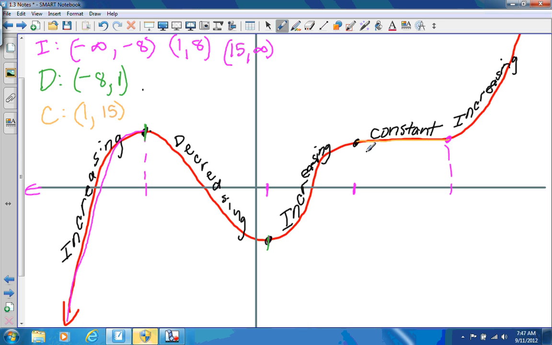Or not +1, that would be +3. Or actually, no, +8 to +15, from this coordinate to this one. Now, if we have a function that does something like this at the end, say it comes here, goes like that, and goes like that, that would be increasing on this whole interval.